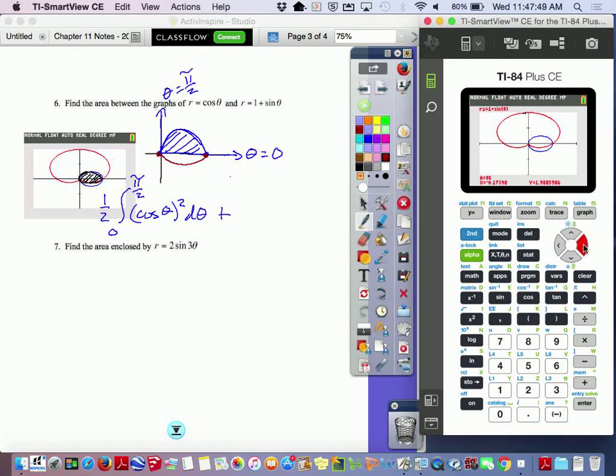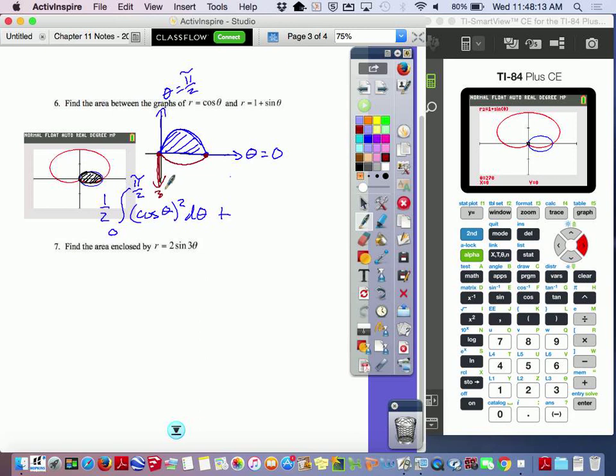So I'm going to arrow around until I get back to the origin. Looks like I'm back at the origin now. It's 270. So I've got a radial line at 3 pi over 2, and I've got to get back to this radial line.